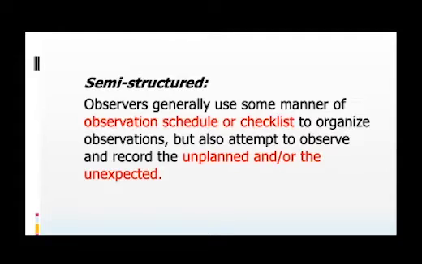But during the process of observation, the observer also attempts to observe and record the unplanned or the unexpected. So aside from the ones in the checklist, you would want to record as well those that are not planned, that are not expected, that are not listed in the checklist. So that's semi-structured.